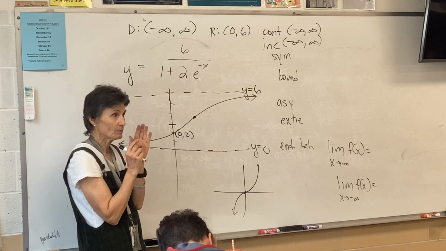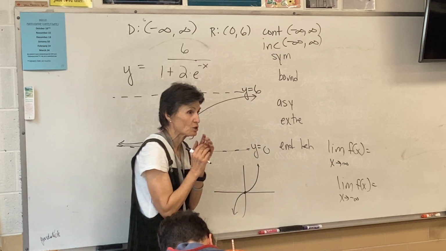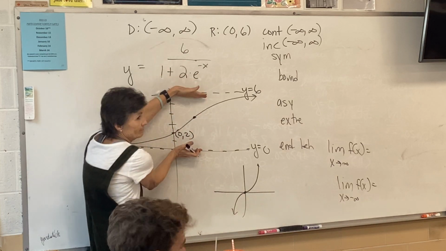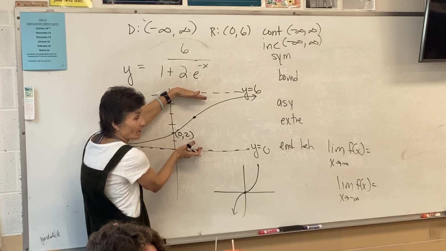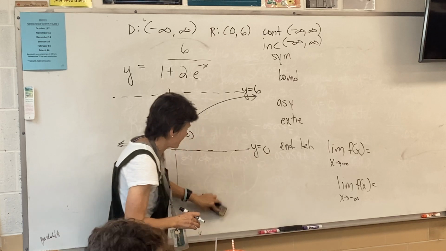Okay, somebody help her get why the y coordinate would have to be 3. If that's the point of symmetry, which is right in the middle of the picture. What's right in the middle of 0 and 6? There we go. All right, so could we find that point of symmetry?